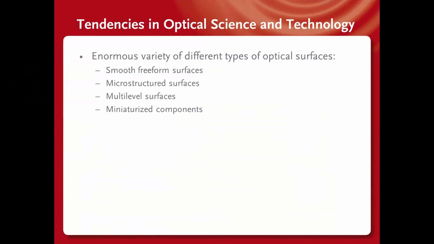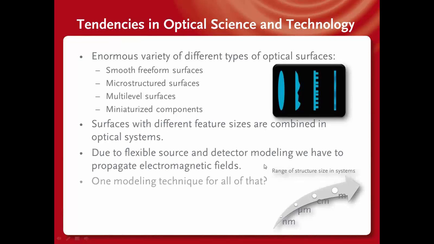So we stopped with the idea that nowadays we have an enormous variety of different types of optical surfaces, covering also a huge range of different structure sizes, going from the nanometer to the meter region. We also have already defined that our light has to be represented by electromagnetic fields, because this gives us flexibility in the source modeling and the detector modeling.